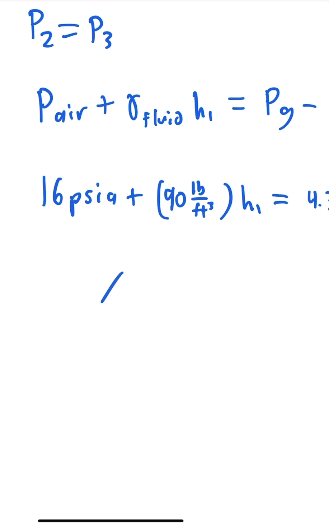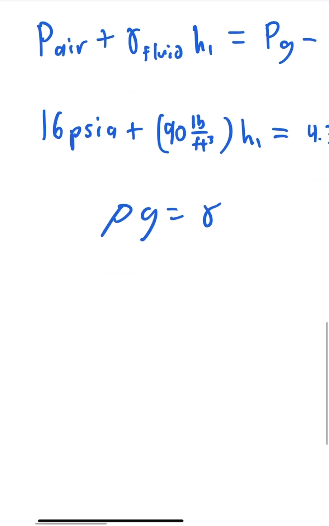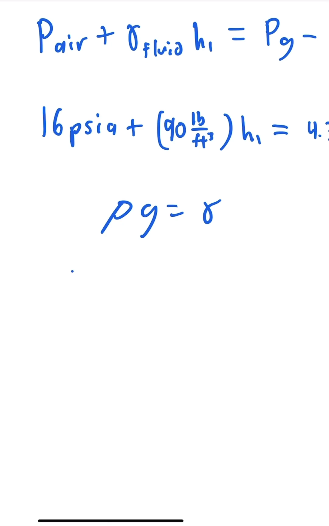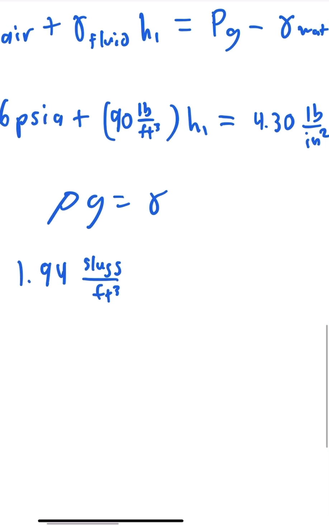We know that density times rho is equal to the specific gravity. The density of water is 1.94 slugs per feet cubed. Now, let's get the density in pound mass. We know that one slug is equal to 32.2 pound mass per slug, or we'll just say pound mass.